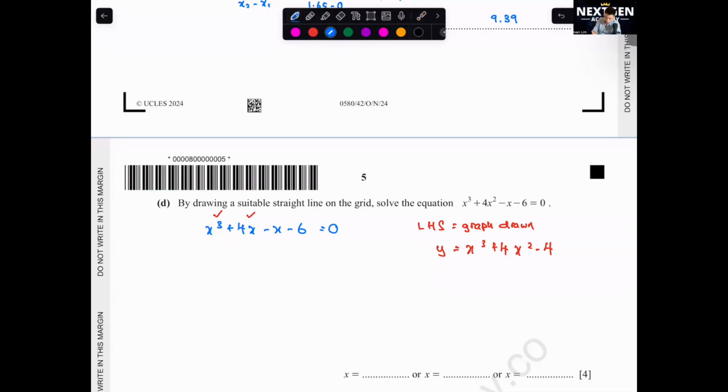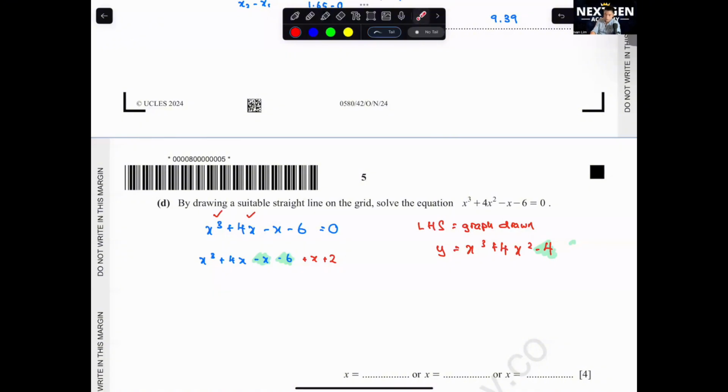So how can you change it? We write like that: x cubed plus 4x squared minus x minus 6. Minus x, we don't want, so you plus x. Minus 6, we want to make it minus 4, so we will plus 2. Got it? We want to change this value to here, and there's one more that we don't have, which is the x.